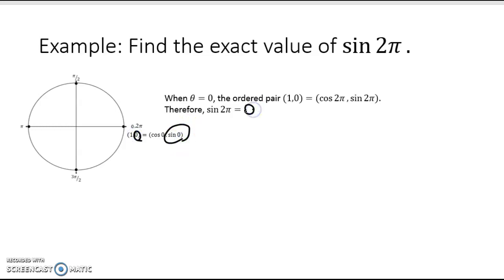So sine of 2 pi would be 0. So that's how you use the unit circle to find a quadrantal angle. Remember, a quadrantal angle is either 0, 90, 180, 270, or 360, or 0, pi over 2, pi, 3 pi over 2, and 2 pi if you're talking about radians.